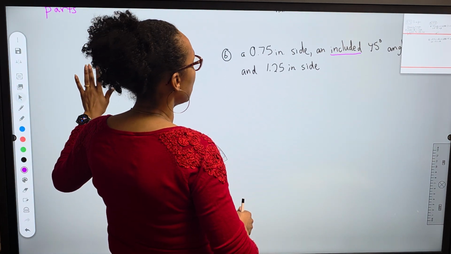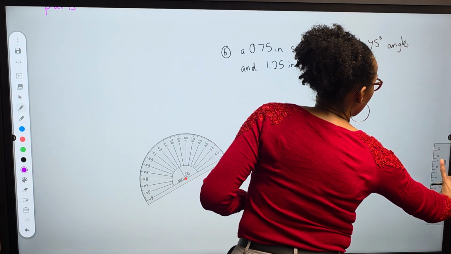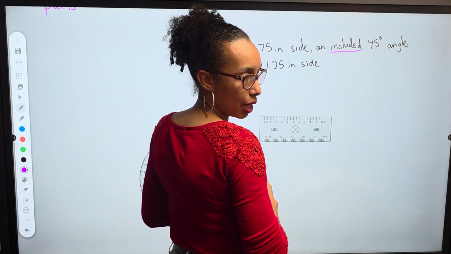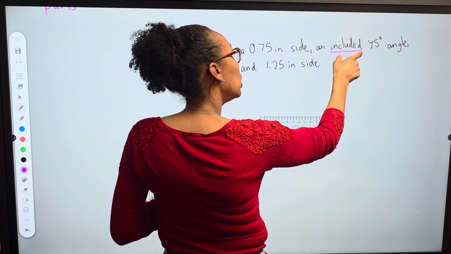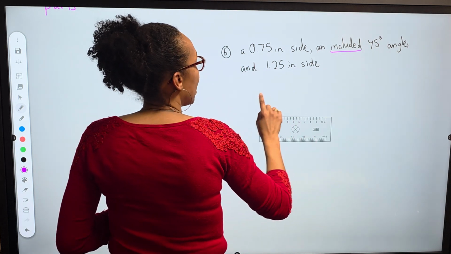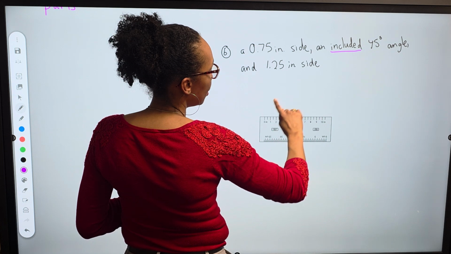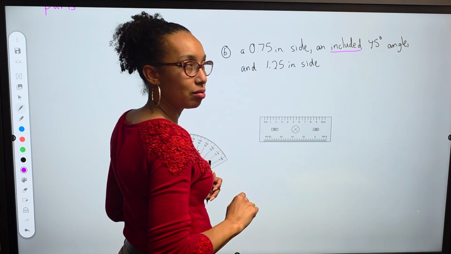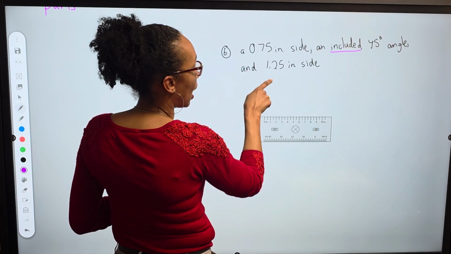Again, the same example is in your book, but I wanted you to kind of see how to do it. So we'll start with the included angle here. Let's see. So we know that the angle is in the middle. So that means we're going to have the 0.75 inch side, the angle, and then the 1.25 inches, okay? Because the angle should be in between these two sides.